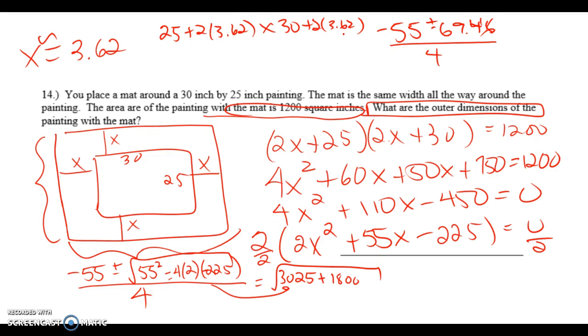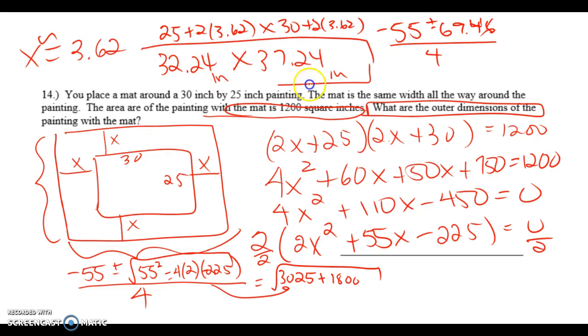So I'm going to say 3.62 times 2 plus 25. It's going to be 32.24 by, plus 30, 37.24. And these are inches, aren't they? Inches, inches. Those are the outer dimensions of the mat and the painting.